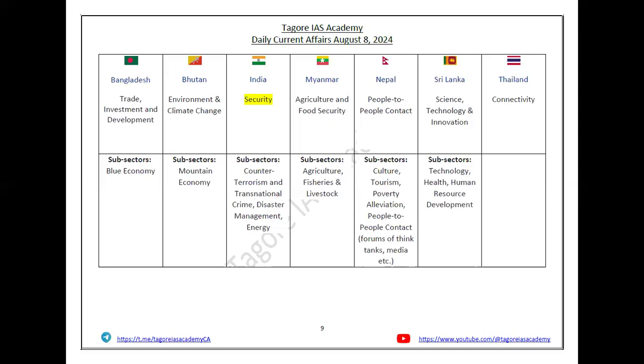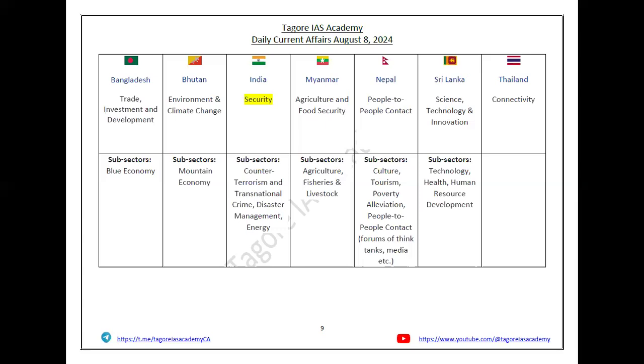India is being given security as well as counterterrorism, transnational crime, disaster management, and energy. We all know India takes up hydropower projects in Nepal and supplies energy. India can do further in supplying energy to other members also.